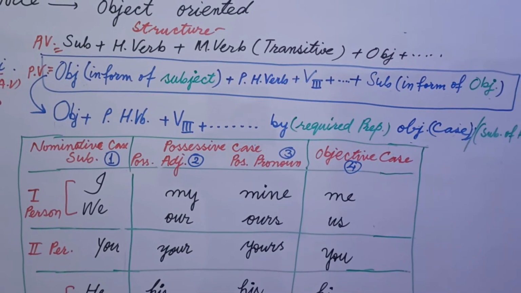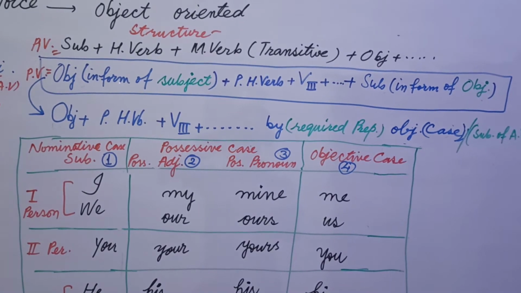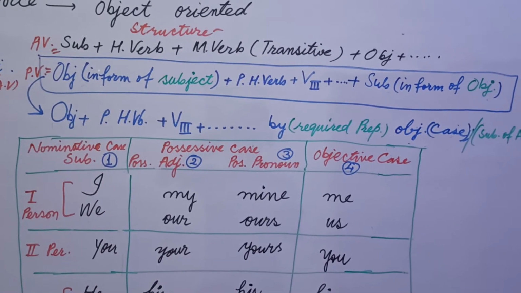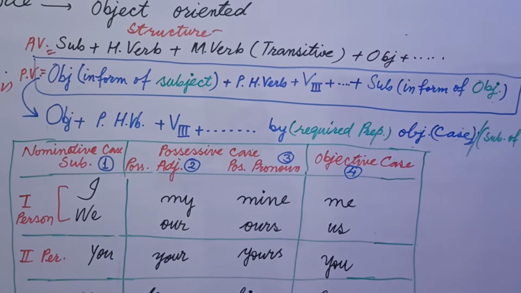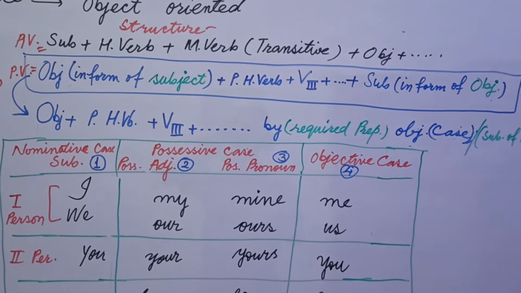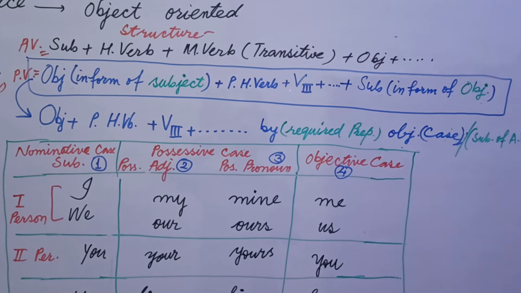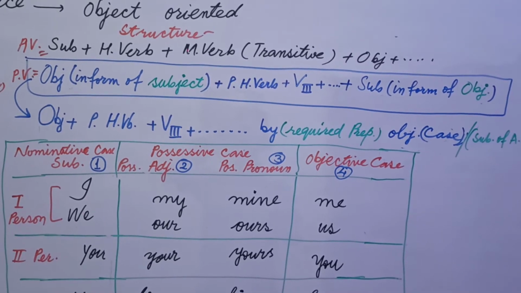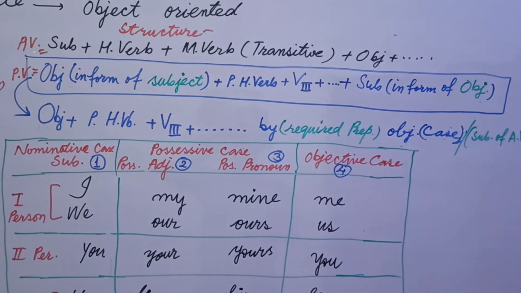When we transform into passive, we take this object to the beginning of the passive voice. This object comes to the beginning of the sentence, before the main verb, and you change this helping verb according to the rule that will be taught in the next lecture. And you always change this verb of active voice into the third form of the main verb in case of passive voice.